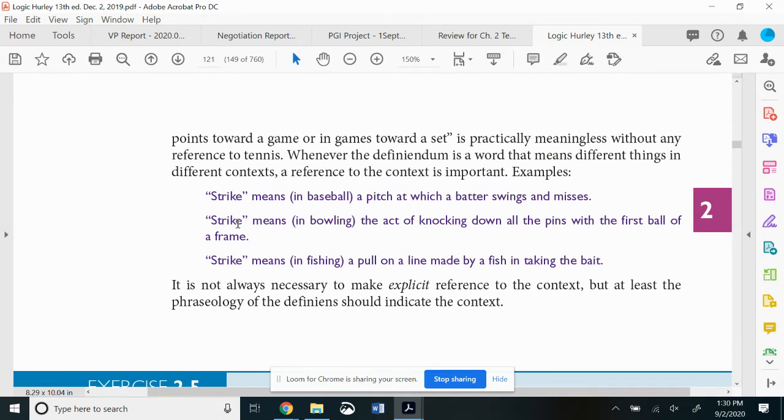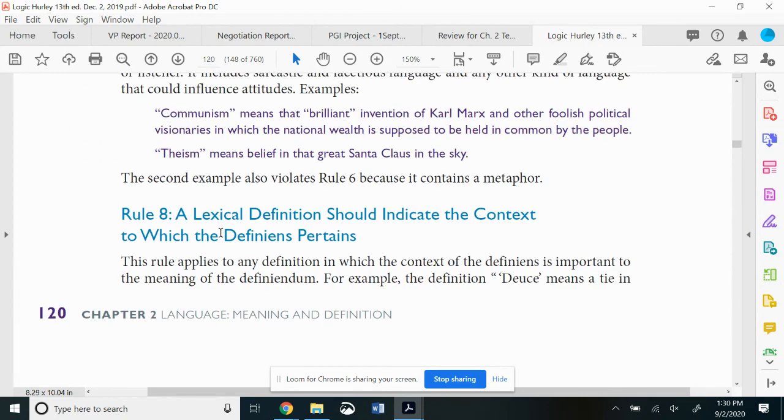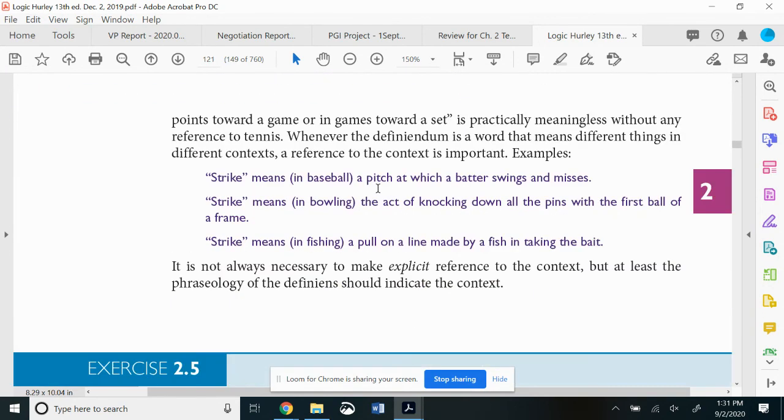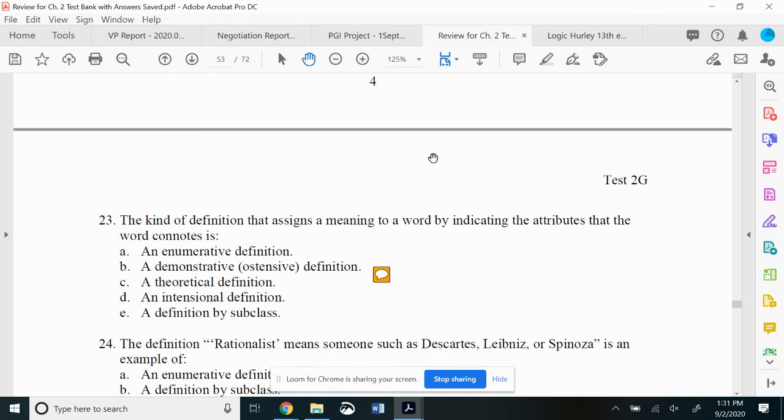If something has more than one context, you literally have to say what context it's in. So that's just a review of violating the rule of a lexical definition that doesn't pertain to the context. And he gives you a few examples. So that's pretty much an entire review of chapter 2.